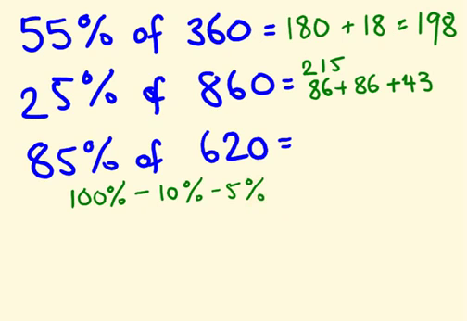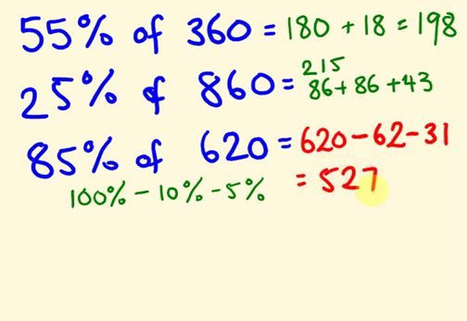So we're going to start with 620, and we're going to take away 10%, which is going to be 62. So I'll write this, working it out as we go. 620, take away 62, and then we're going to take away half of this, which is 31. All up you might think 62 and 31 is 93. So 620 take away 93 is 527.